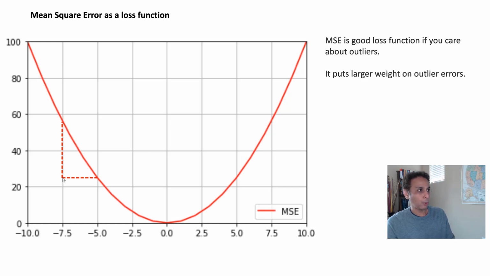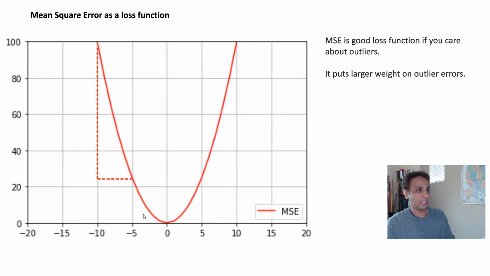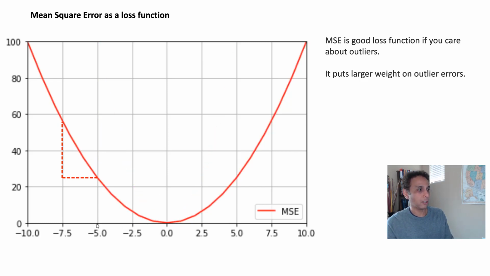If you think of this as a loss function, and on the y-axis you say that is the weight or the importance that it gives to the outlier, then if the outlier is right here, it gives a lot of weight or importance to that outlier. Here x is only going to 2.5.